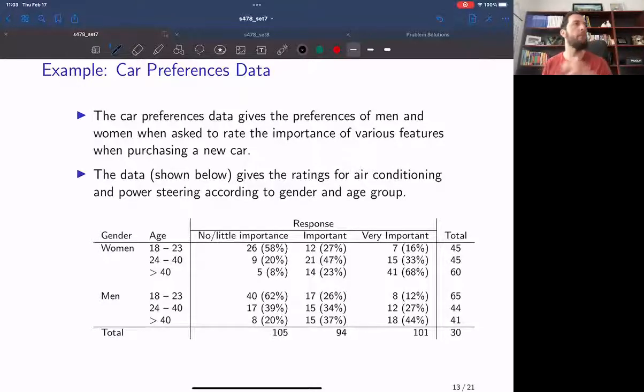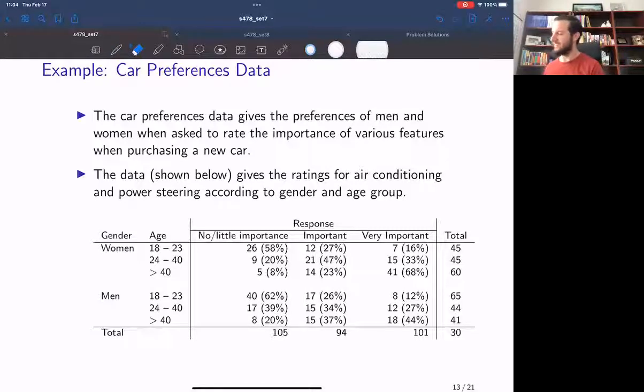All right, so I believe that the exact features that are of interest to us are power steering and air conditioning. So this data set actually might be quite old, because someone who doesn't care about power steering would be very surprising to me. Not having power steering would be ridiculous.